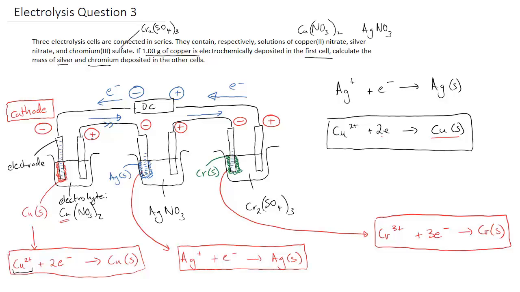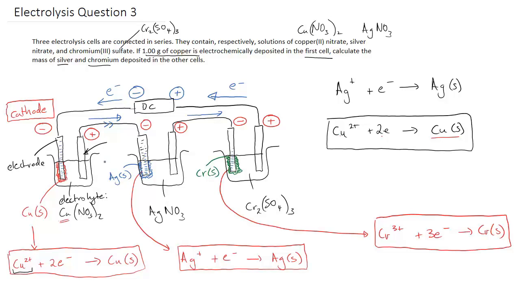Now, what's happening at the positive terminal is this is where electrons are being given away. Because if you have a look here, silver has electrons being deposited onto that electrode. So they came from this particular electrode right here.